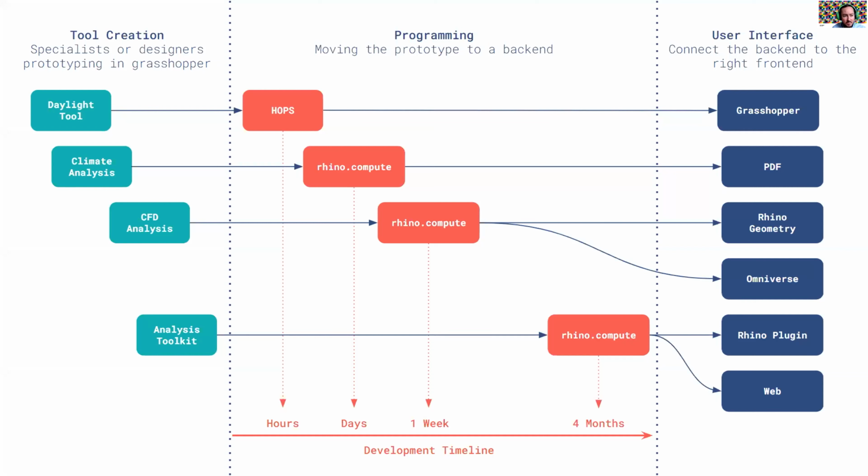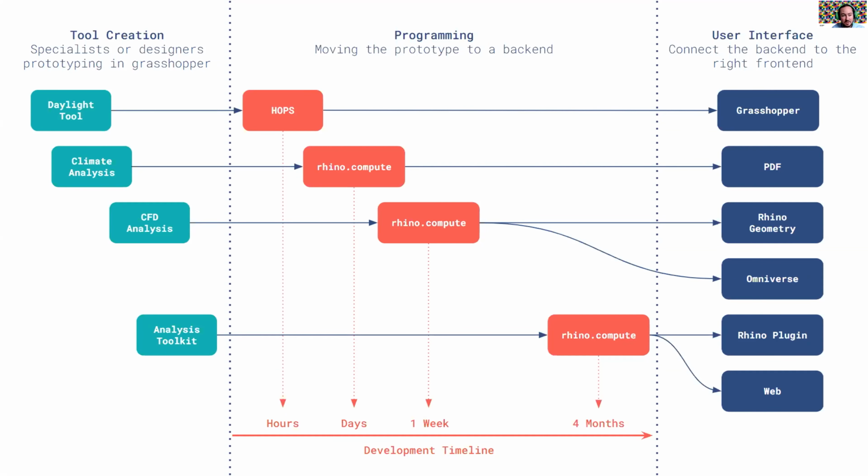And so for the tool creation, that always starts in Grasshopper and could either be specialists like us or designers within the firm who do know Grasshopper. In this case, we're using Grasshopper to build tools to solve project-specific problems, and really seeing a stack like this as a fantastic prototyping tool.